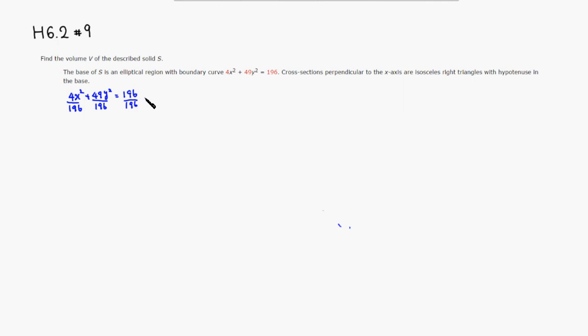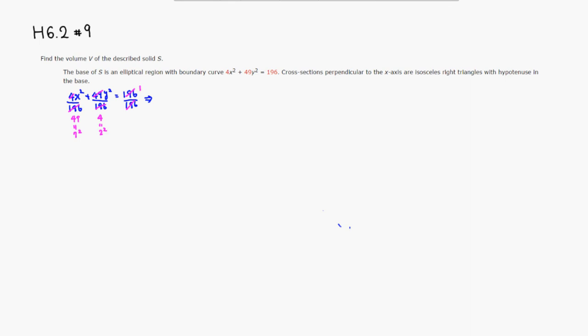Alright, so we're going to get, let's see, 196 divided by 4 would be 49, which is the same thing as 7 squared, and 196 divided by 49 would be 4, which is the same thing as 2 squared, and that's going to be 1.